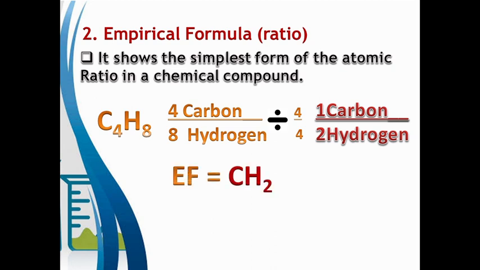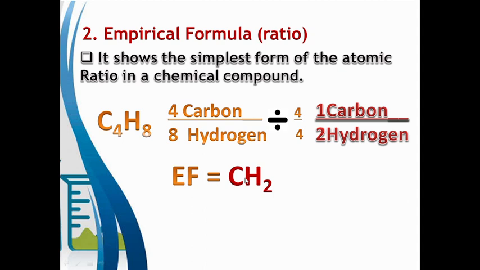So the empirical formula is CH2. The number 1 is not written because it is understood that in CH2 there is only 1 carbon. So we don't need to put 1 here.